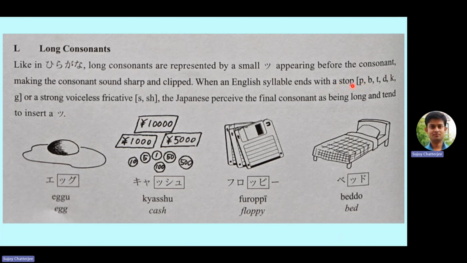For example, the word stop will also follow the same rule: sutoppu. If it ends with B like Bob, then it will be bobbu. T, as we have seen, pet, petto. It ends with D, bed, beddo. It ends with K, strike, sutaraiku. And G, we have eggu here.